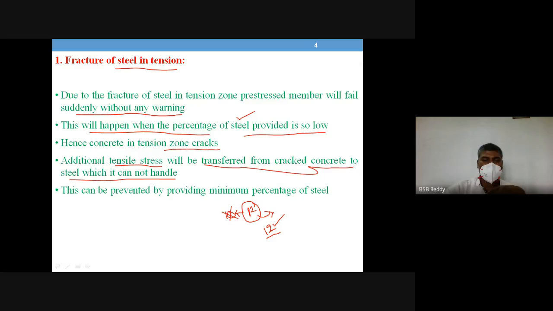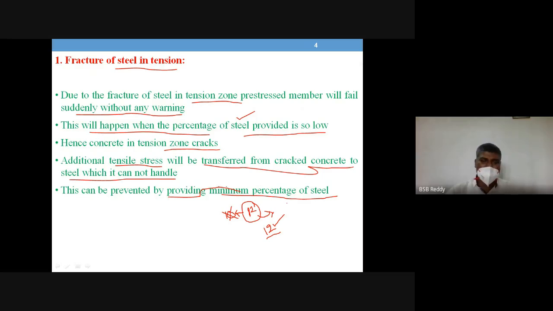So this is the type of failure you encounter when a very low percentage of steel is provided in the tension zone. It can be prevented by providing a minimum percentage of steel, whether you need it or not. You have to provide some minimum percentage of steel. Then you can prevent such failures.